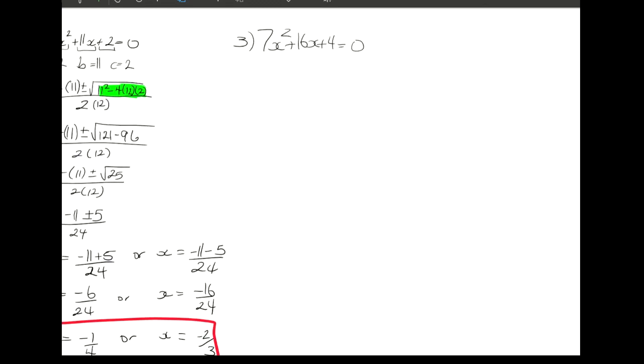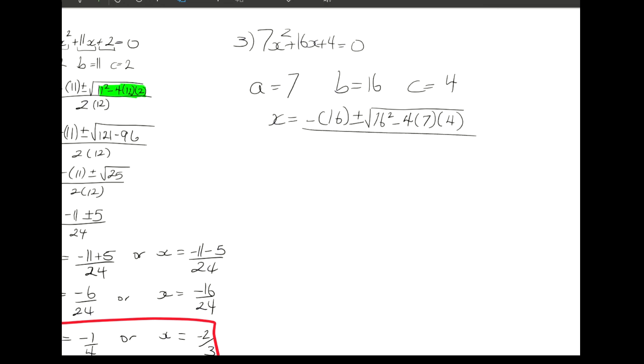Okay, let's go. So a is 7, b is 16, c is 4. So our equation would be x is equal to negative 16 plus minus the square root of 16 squared minus 4 multiplied by 7 multiplied by 4, divided by 2 multiplied by 7.